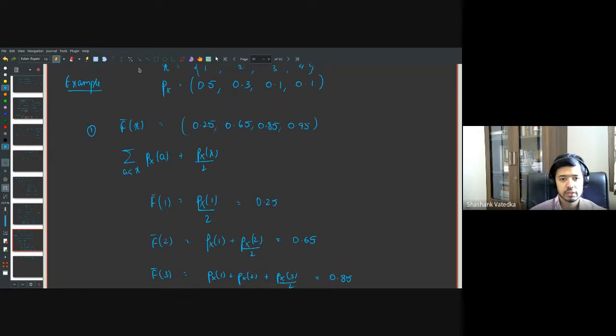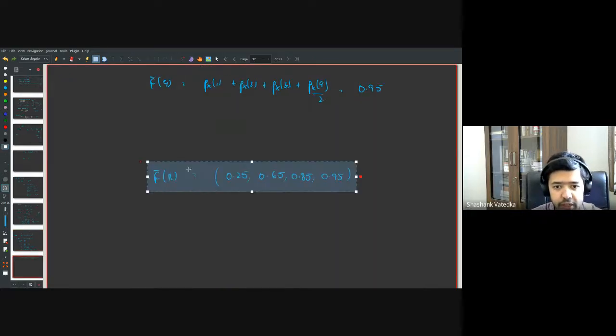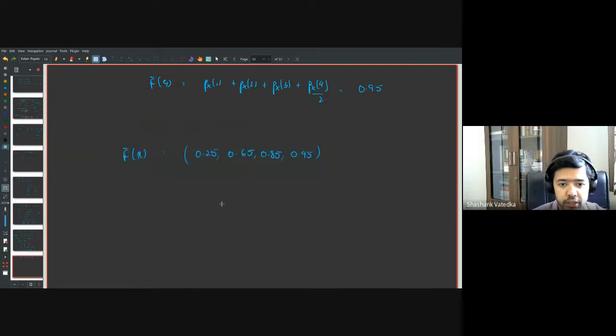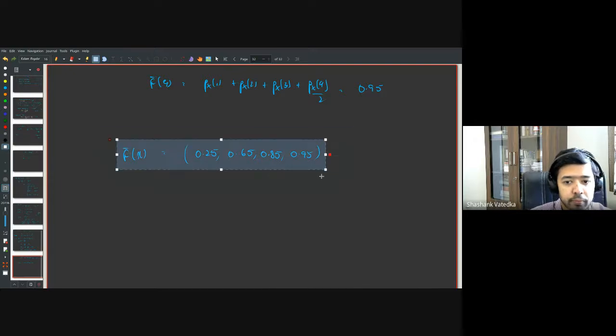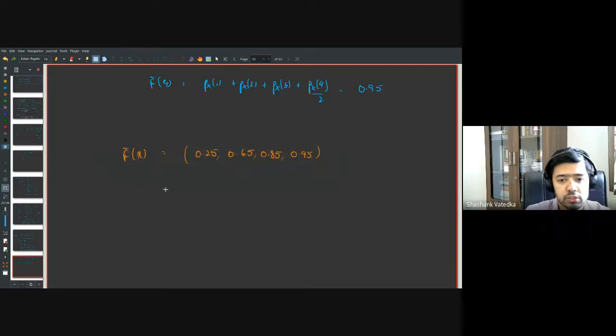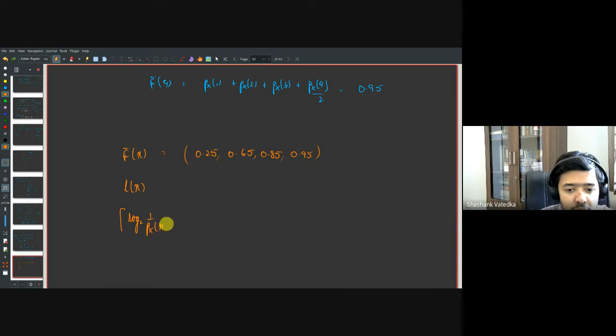Now we want to convert this to binary, but let us first see how many bits we want to compute in binary. We've computed f bar of x already. Now I also want to compute L of x, which is ceil of log 1 over p of x, plus 1.